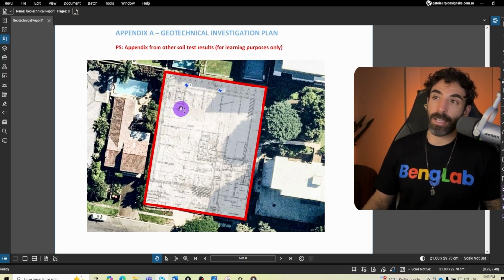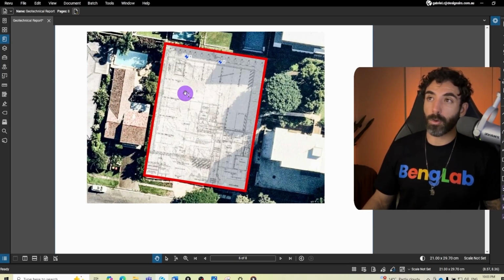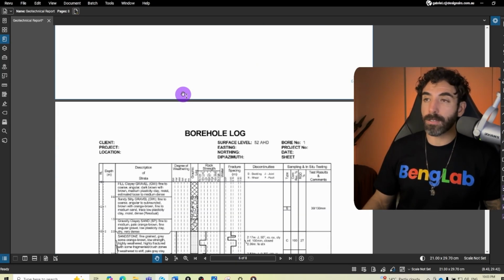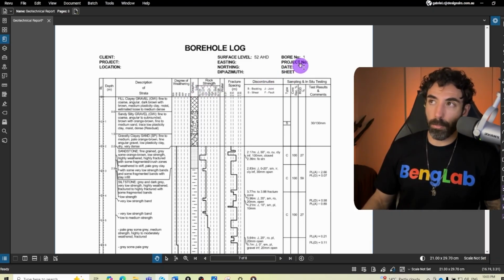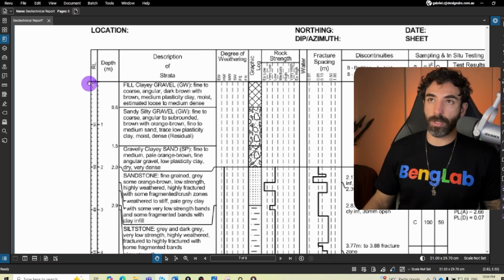So if I'm designing part of the building which is close to borehole 1, I would be inclined to have a look at bore number 1 here. So in the first column would be the reference levels. So that one is 52, and then we've got 51, 50, 49, and then in the second column you've got the depth.